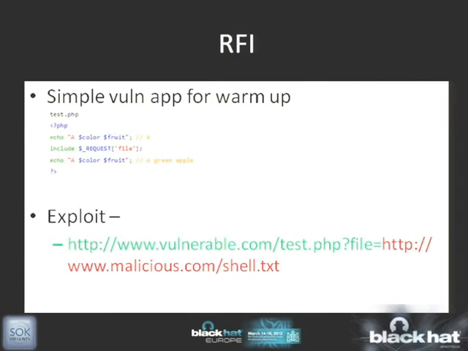And so let's show you a small example of RFI. This vulnerable application just includes a requested file. The target of the include is passed as a parameter, and using the exploit, the attacker places his malicious code on a site that he owns, and this file gets executed by the application.